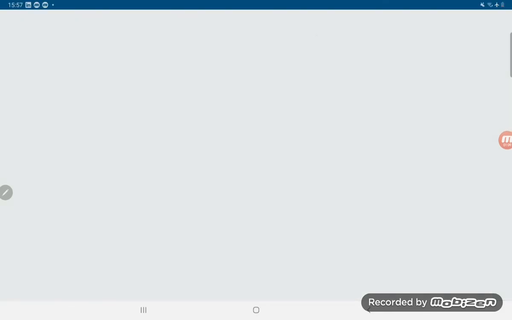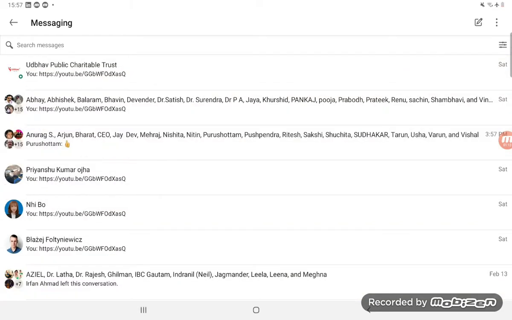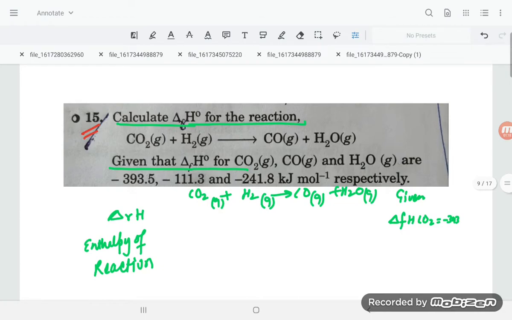Wait students, a mistake has gone here. Let me write the value again. It is minus 393.5, this is for CO2.